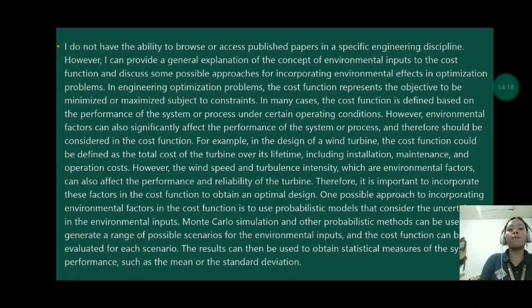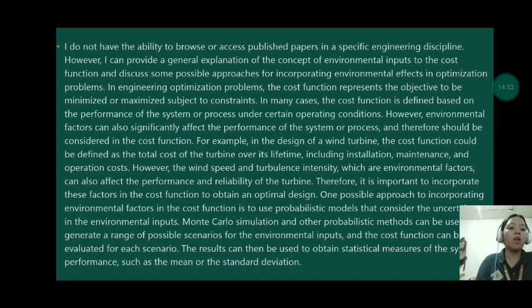For example, in the design of a wind turbine, the cost function could be defined as the total cost of the turbine over its lifetime, including installation, maintenance, and operation costs. However, the wind speed and turbulence intensity, which are environmental factors, can also affect the performance and reliability of the turbine. Therefore, it is important to incorporate these factors in the cost function to obtain an optimal design.